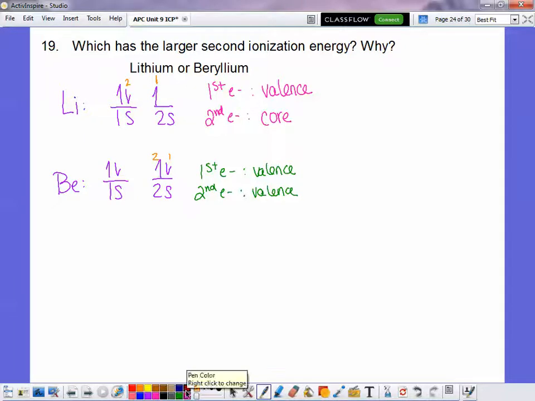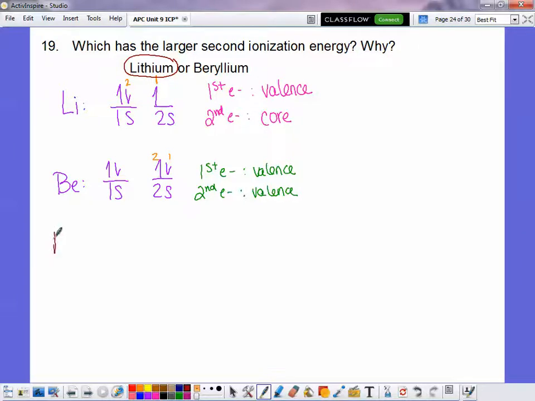So, have we answered the question? No, we haven't. We haven't decided which one's going to have a larger second ionization energy. Which one do you think? Lithium. Why? Exactly. It takes more energy to remove a core electron than it does to remove a valence electron. Okay?